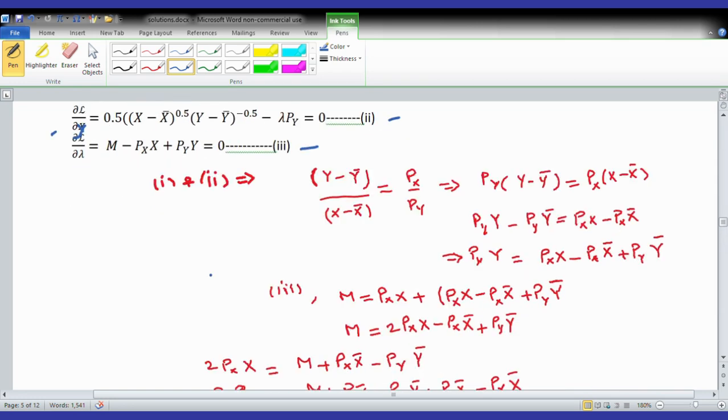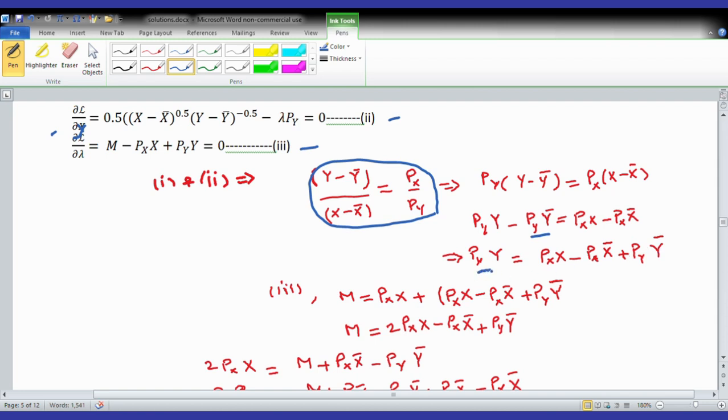Then we solve 1 and 2 to get this equation, and from here we arrive at py times y minus y bar equal to px times x minus x bar. Then I have opened these brackets, py y minus py y bar equal to px x minus px x bar, and then I take this py y bar on the right hand side.